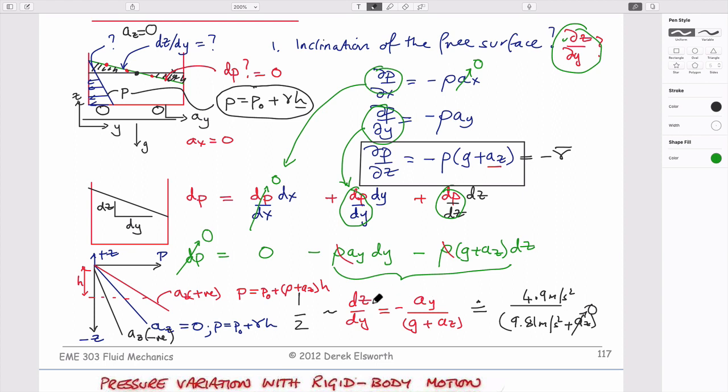And so the two things that have come out of this, I think, are one, that we can always get the slope of the free surface if it's allowed to realign itself from an expression that looks like this. And once we have this slope, we can get the pressure that acts both on the front and the back of this container.